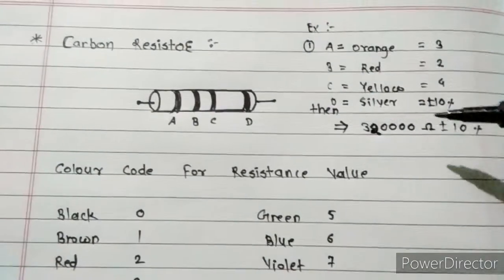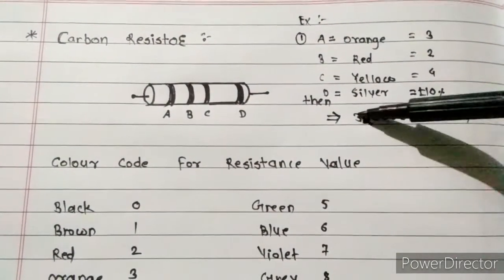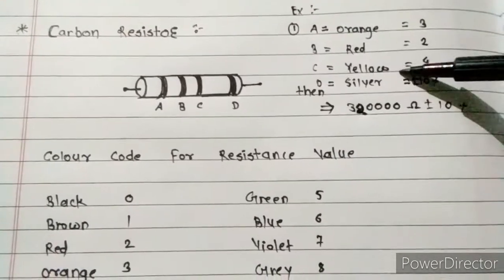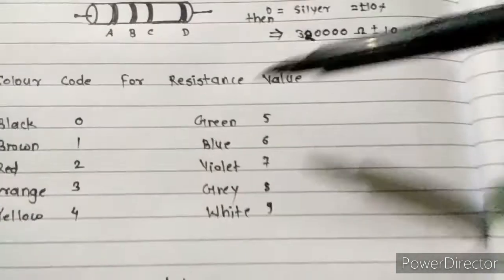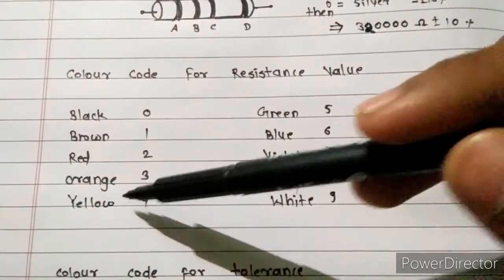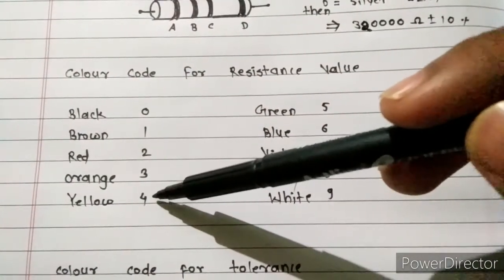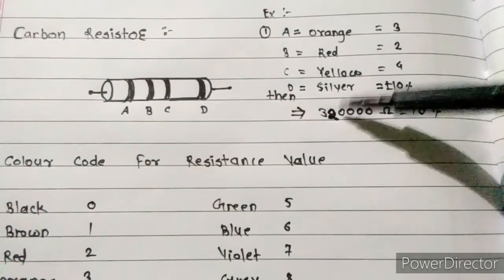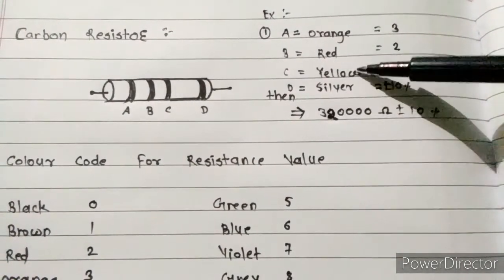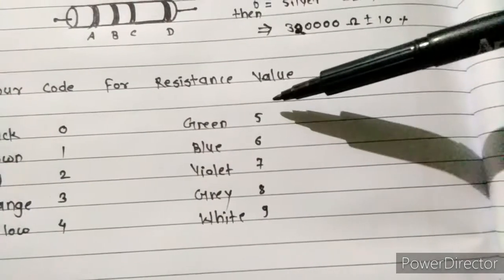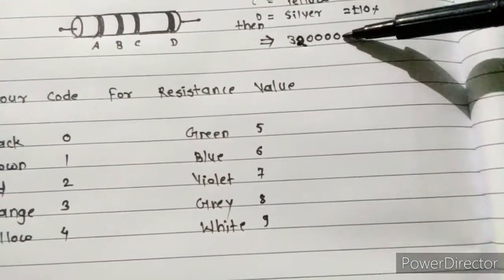So we get our first two numbers, that is 3 and 2. Our third band has a yellow color, and number 4 defines yellow, meaning behind 32 there are 4 zeros. If instead of yellow it were green, then after 32 there would be 5 zeros.